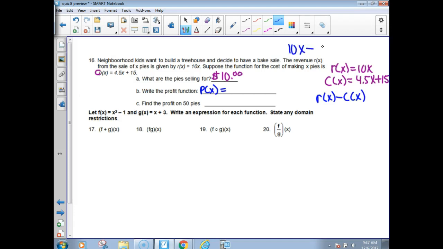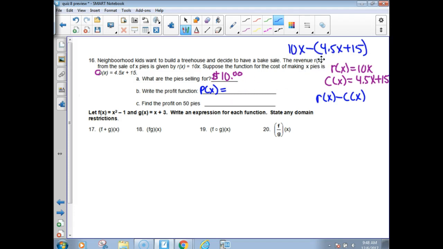So I need that simplified, guys. 10X minus, in parentheses, 4.5X plus 15. You need to simplify that. I don't want to see that on this line. All right? I want it simplified. That's been the whole point of the chapter. I mean, one of the first sections was adding and subtracting functions. So you need to go ahead and subtract it. Don't just write this on the line.